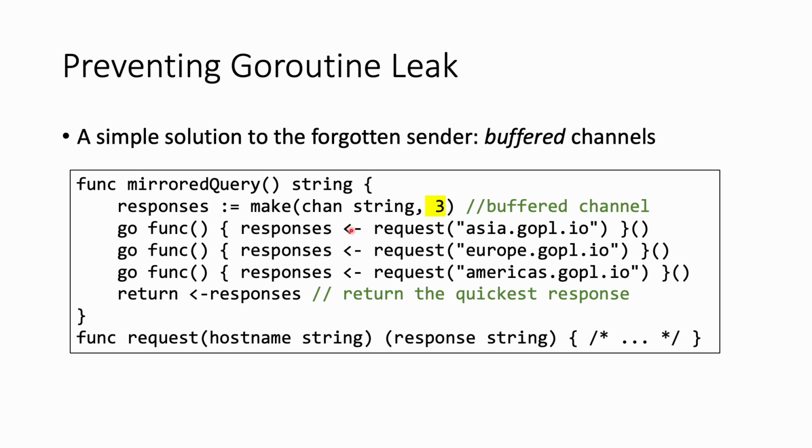Each sender goroutine will stop right after it has sent the response. The quickest response will show up first in the queue and will be received and returned. The two slower responses will be discarded and there's no goroutine leak.